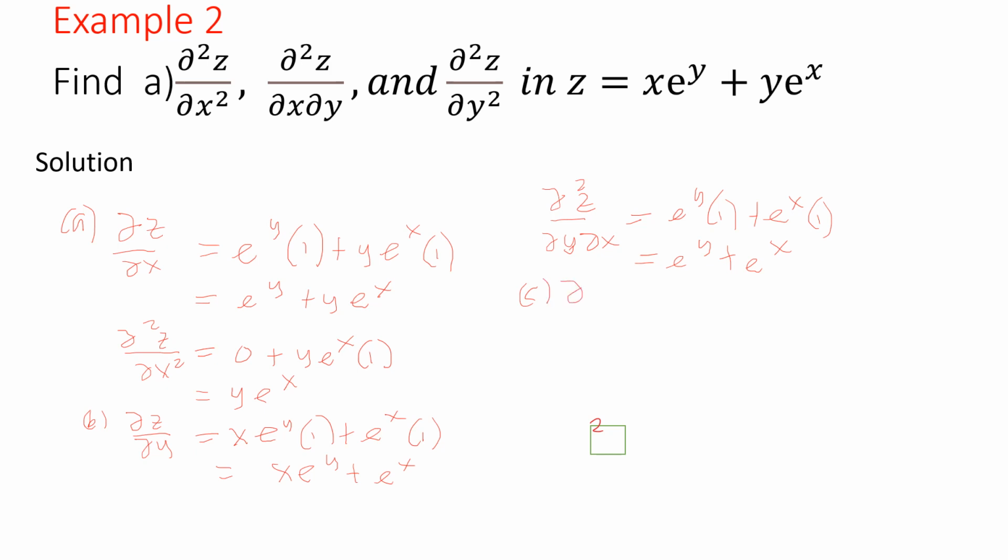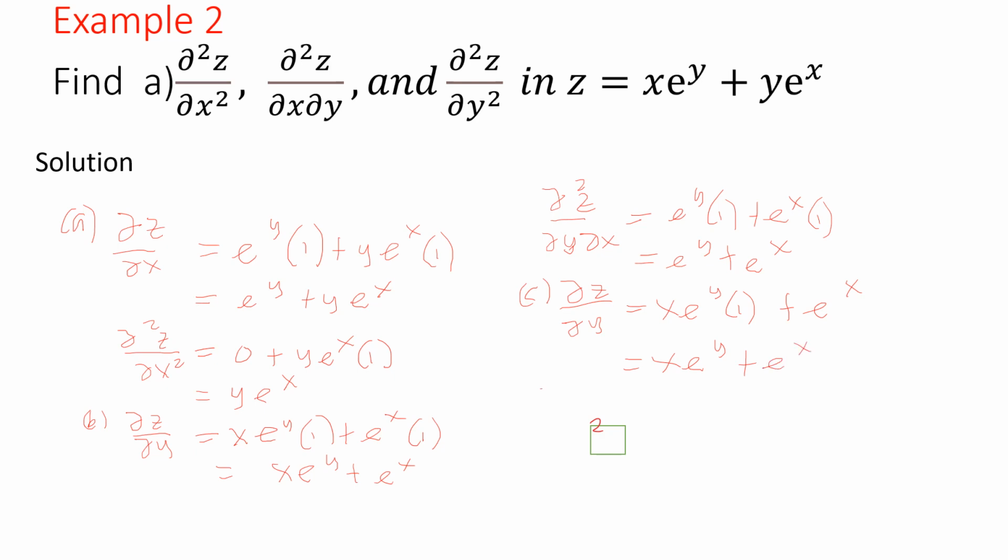For partial of g with respect to y equals x e to the power y times 1 plus e to the power x, equals x e to the power y plus e to the power x.